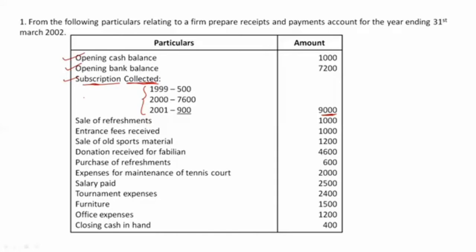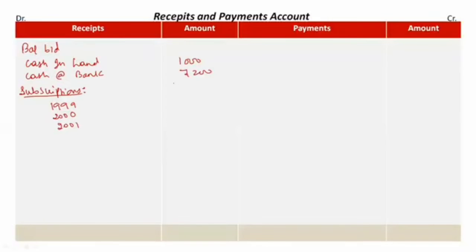As I told you, the transactions of current year, previous year, upcoming year, all the transactions we can take here. So I'm taking subscription amount collected for all the years: 500, 7600 and 900. Totally I received 9000 rupees of subscriptions.